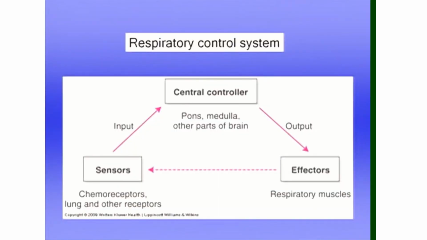The output of the central controller goes to the effectors. The effectors are the muscles of respiration. Of course, we've dealt with them in some detail. We're not going to spend a lot of time on those now, but we'll just review briefly the respiratory muscles.